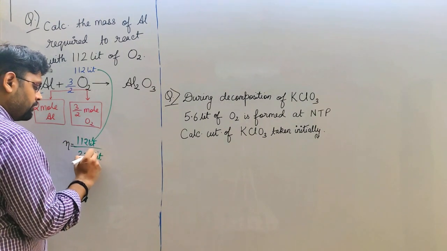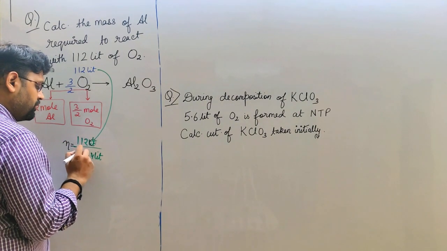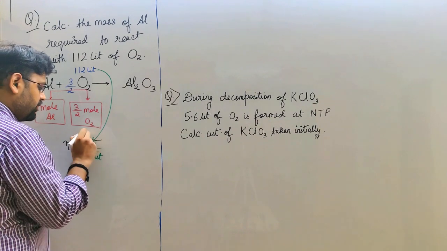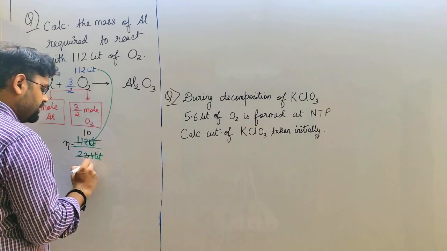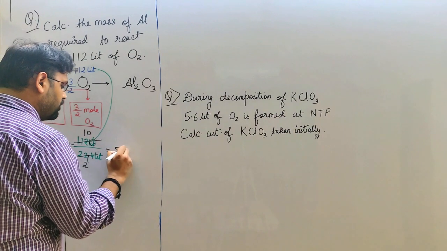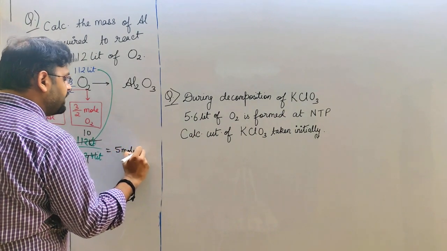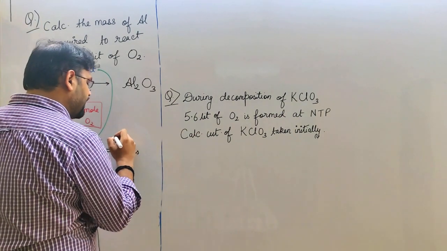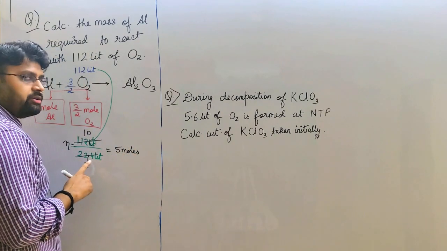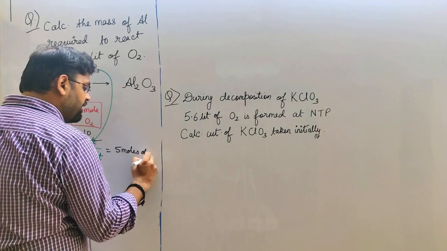Let's remove this decimal. 112 divided by 22.4 is 5 moles. 112 liters means 5 moles of any gas, because for any gas we divide by 22.4. So here we have 5 moles of oxygen.